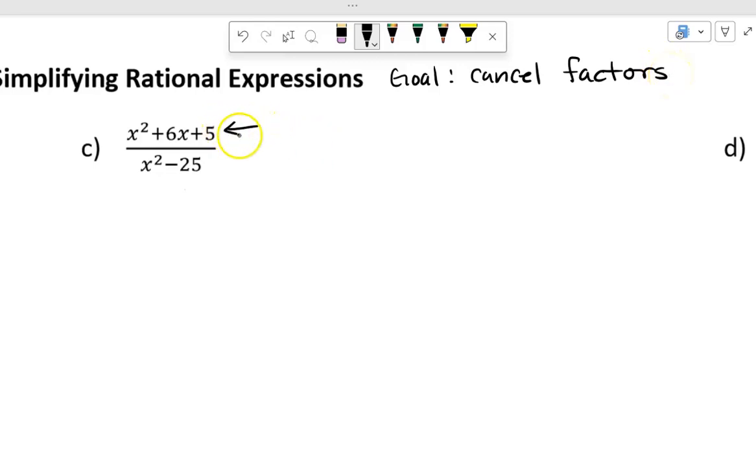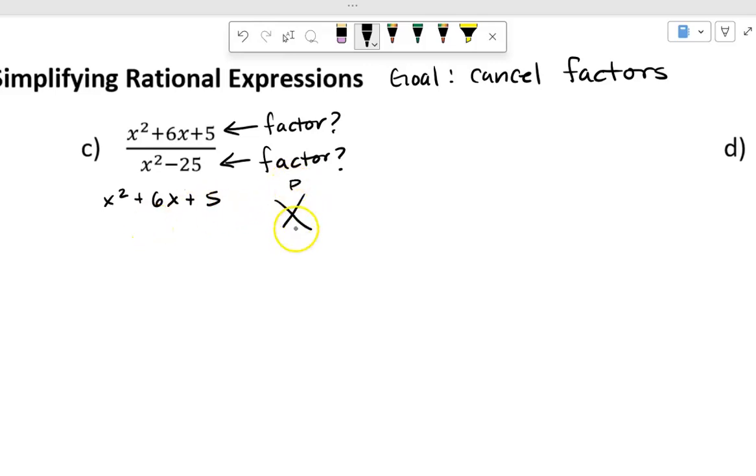And that means I have to take a look at the top and the bottom and ask myself, can I factor these? I'm going to give myself a little bit of space to try factoring them. So I'm going to try to factor the top and bottom separately, one at a time. And the top can be factored using our product sum shortcut, where we want to multiply to 5, add to 6.